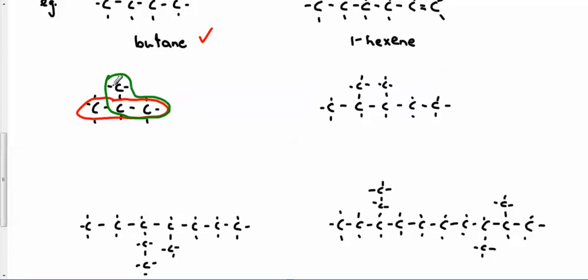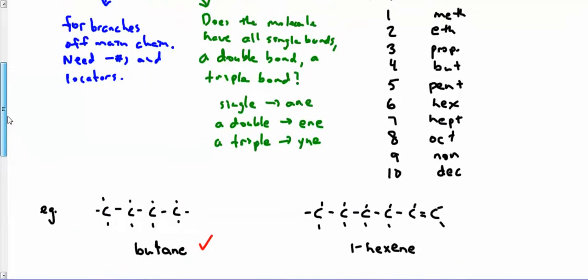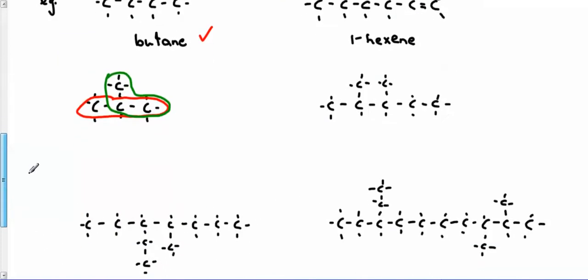We're going to get to the same answer in the end anyways, almost all the time. So I've got a 3-carbon chain. I go up here, I see that 3 carbons is prop. Are they all single bonds? Answer, yes. I use the ending A-N-E.